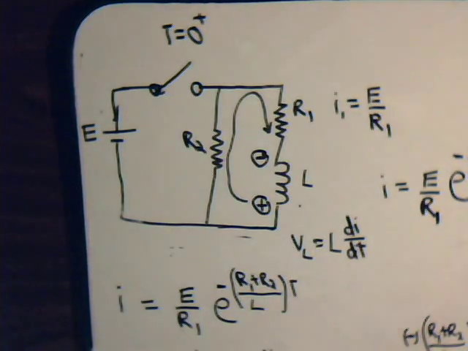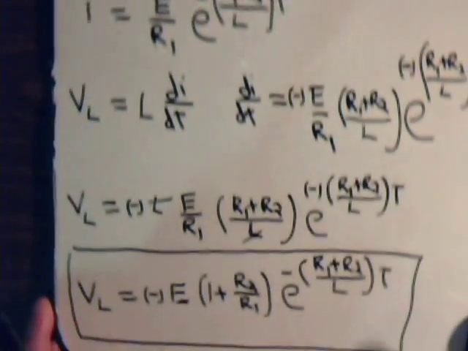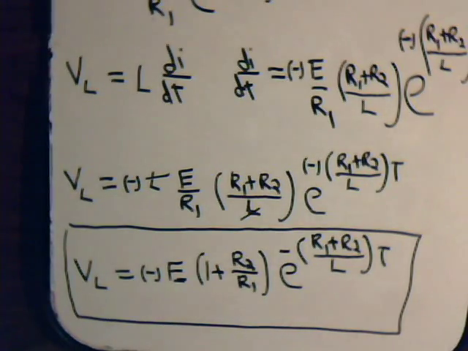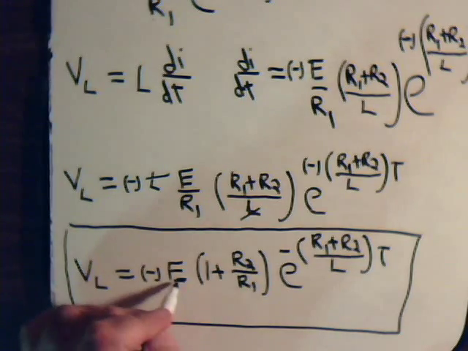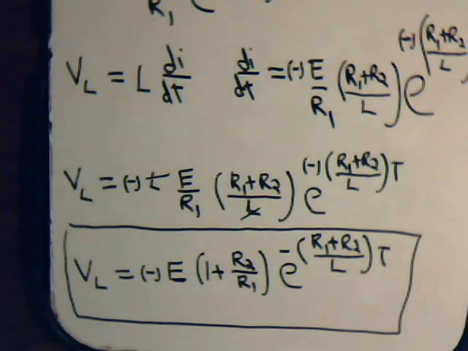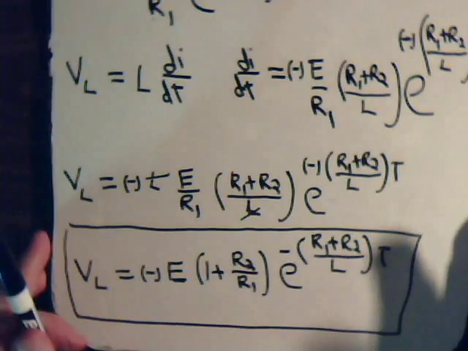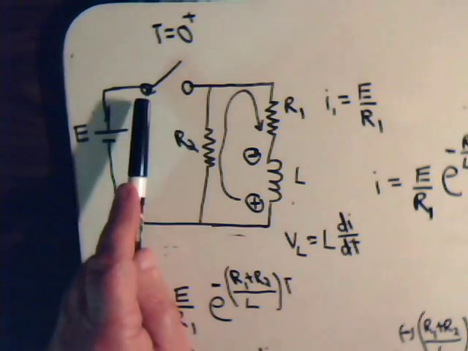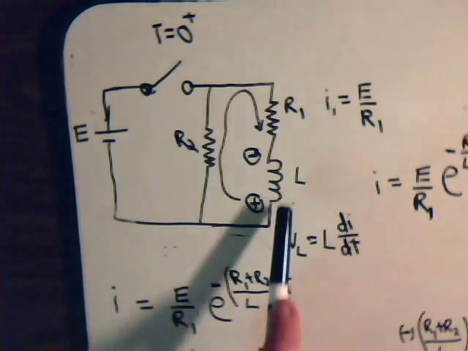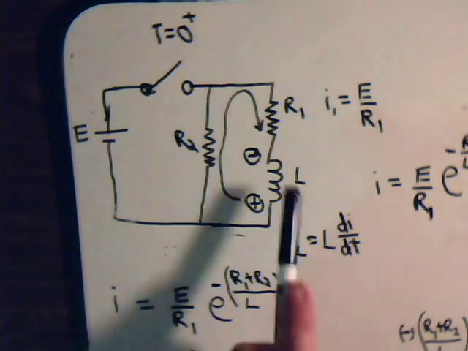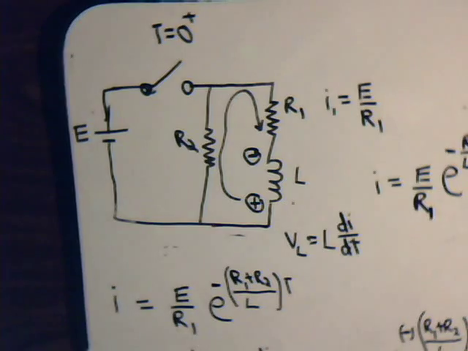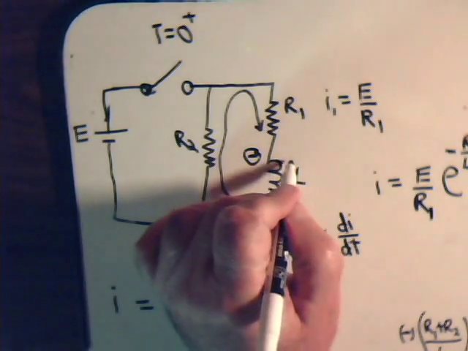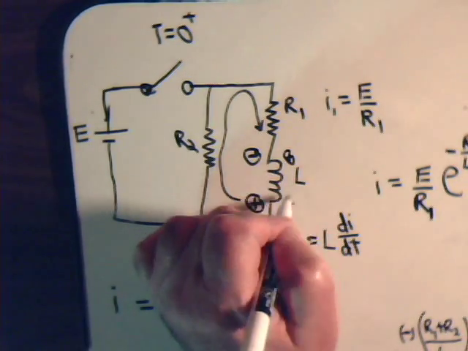The voltage drop across the coil has this expression. Notice there's a minus sign here, and the reason for that is, going back up to here, when this was connected initially and there was a growth current coming down through the coil, there was an induced voltage of the opposite polarity. It was like this.